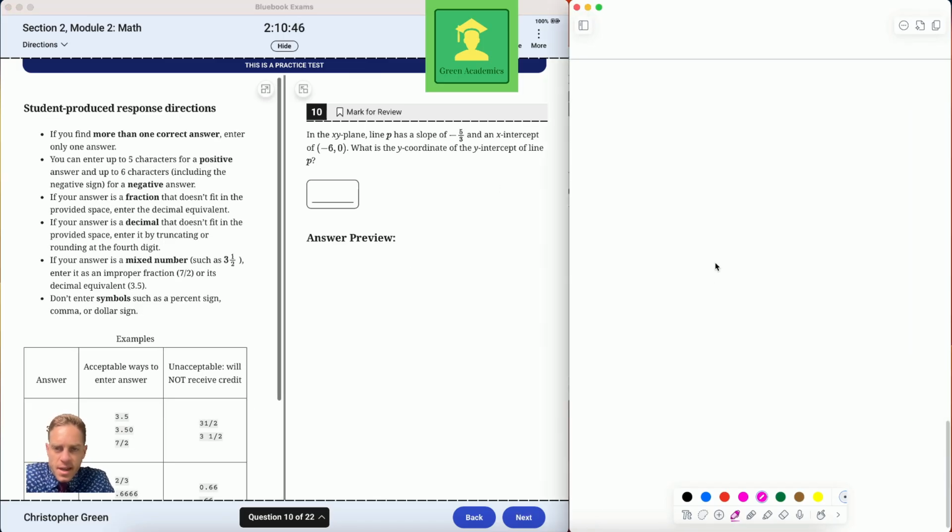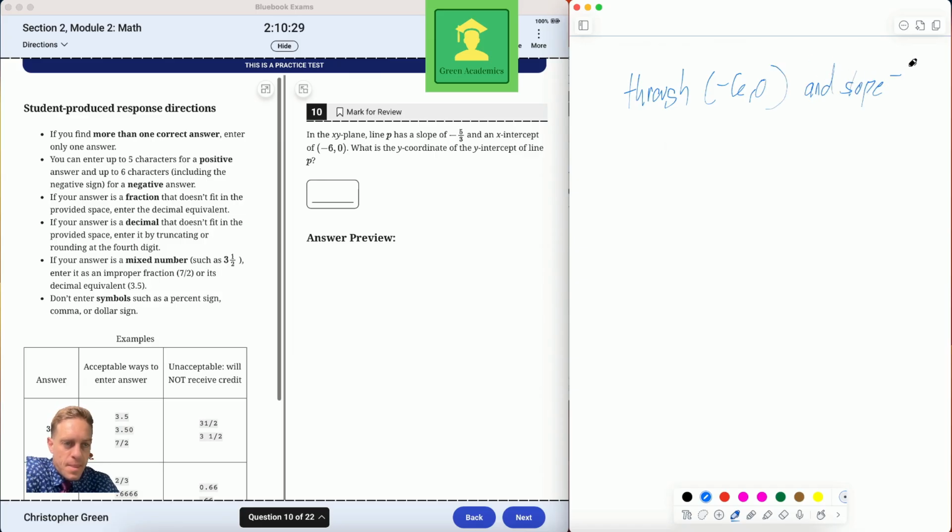In the xy plane, line P has a slope of -5/3 and an x-intercept of (-6, 0). What is the y-coordinate of the y-intercept of line P? So you could say it goes through (-6, 0) with slope -5/3, which means you can find its general equation. Anytime that you know any 2 points, or a point and a slope, you can find the equation of the line.